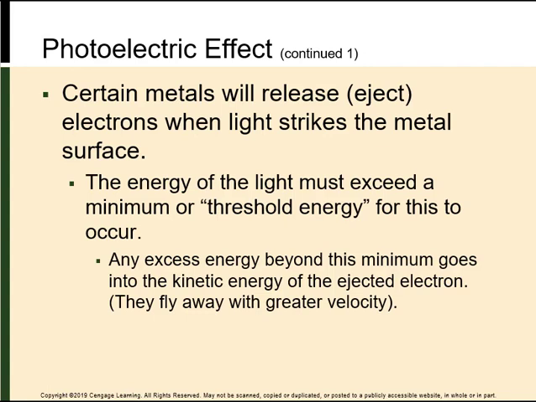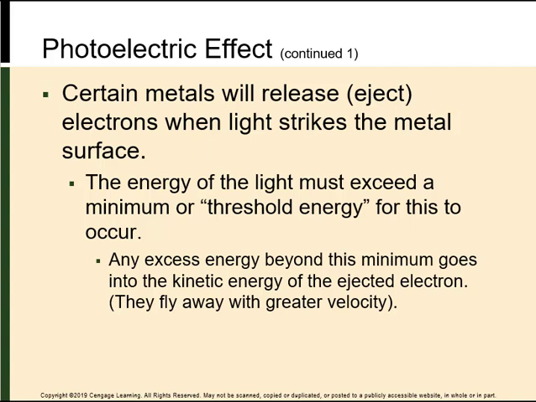After Planck's work, Albert Einstein incorporated Planck's ideas into an explanation for the photoelectric effect, and in doing so, changed the description of electromagnetic radiation. In the photoelectric effect, electrons are ejected when light strikes the surface of a metal, but only if the frequency of the light is high enough.